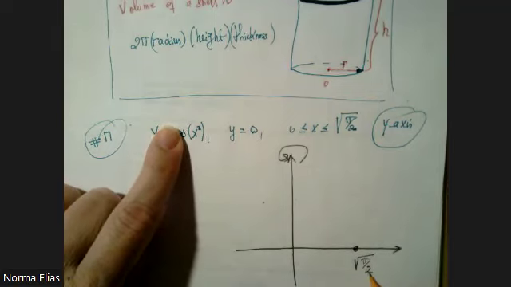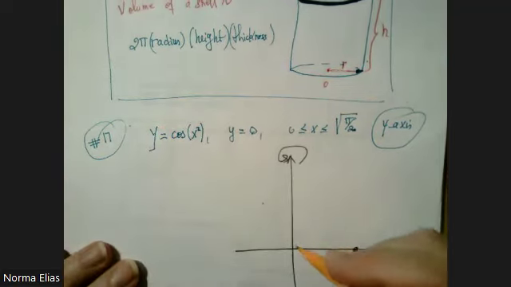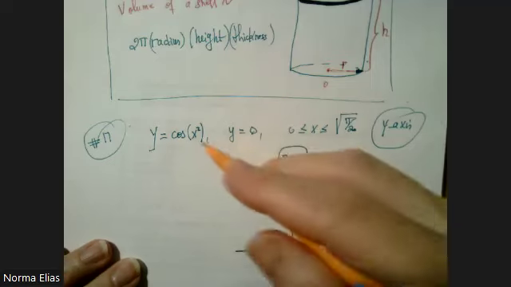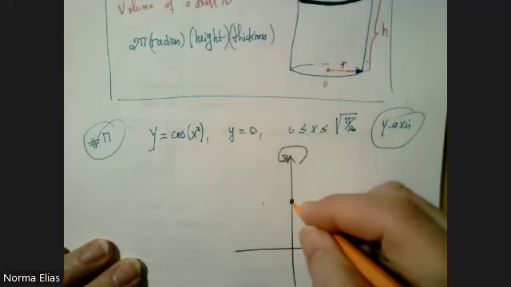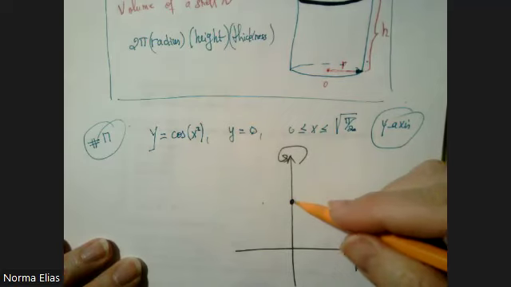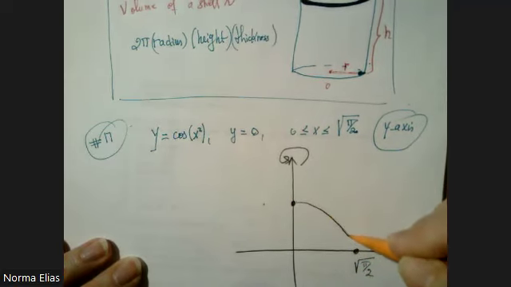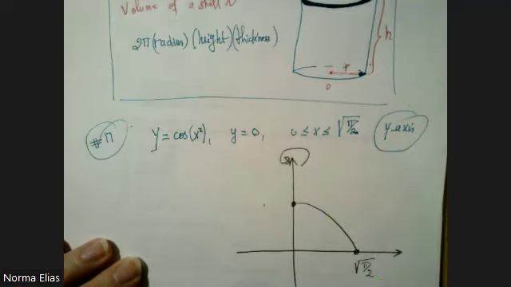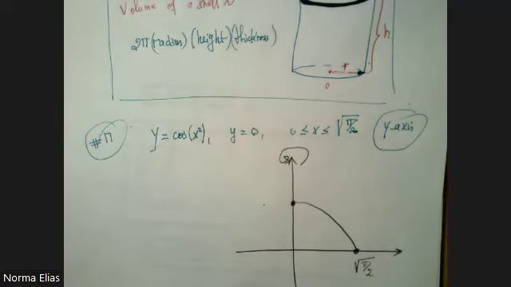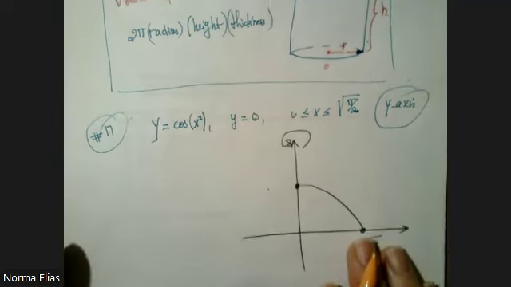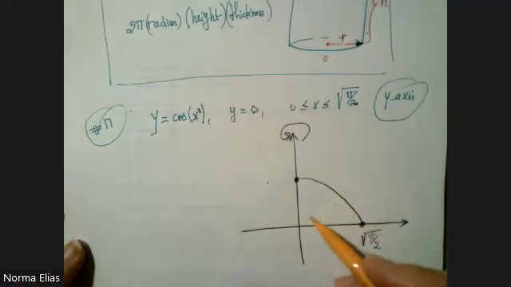If I plug in the square root of pi over 2 in here, I will have cosine pi over 2, which is 1. I imagine the graph, and if x is 0, that's 0. So I imagine the graph will go like this, and then it's going to go differently, but we only care between 0 and the square root of pi over 2. So this is the region in question.